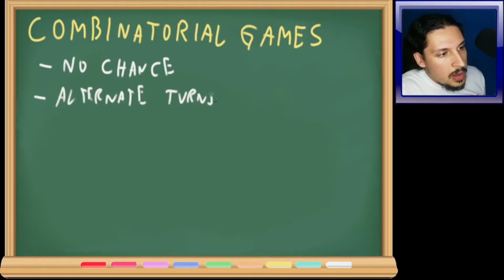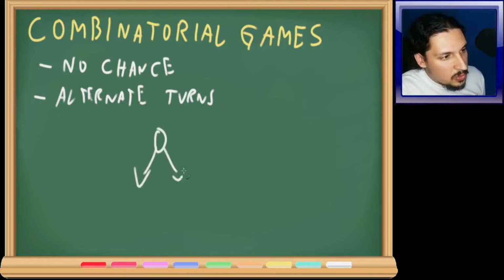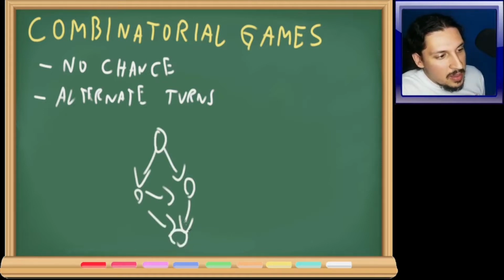So it is player 1's turn, player 2, player 1, player 2. They will always alternate turns. That means that we will not write whose turn it is on the graph anymore. The graph to us will now just look like a directed acyclic graph, and that's it. It will be implicit whose turn it is, depending on who started.